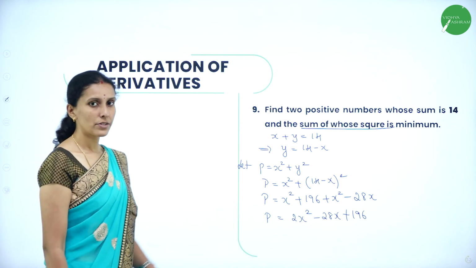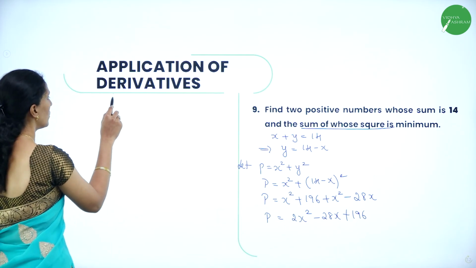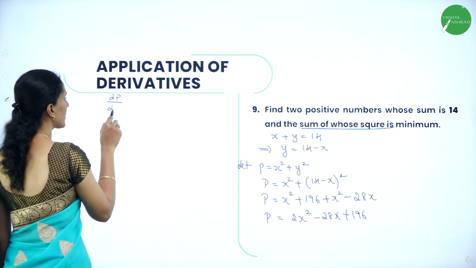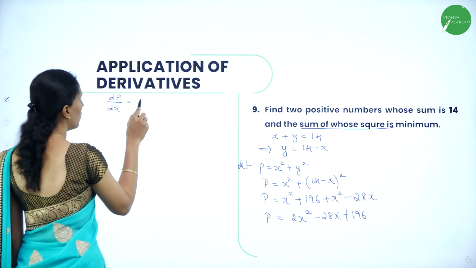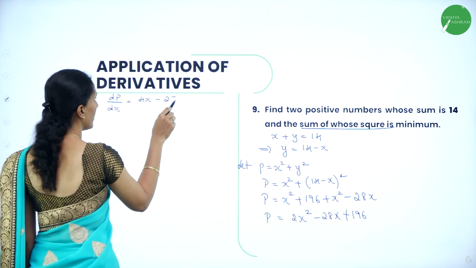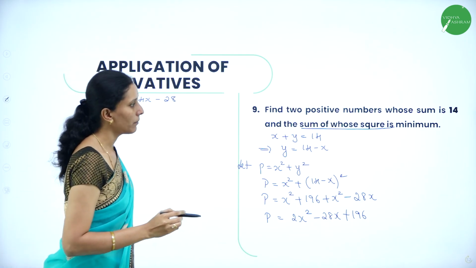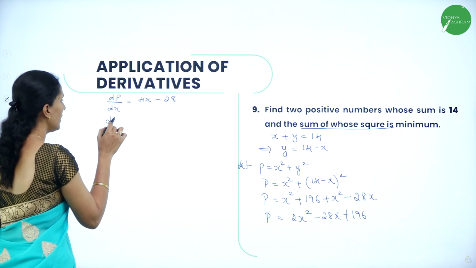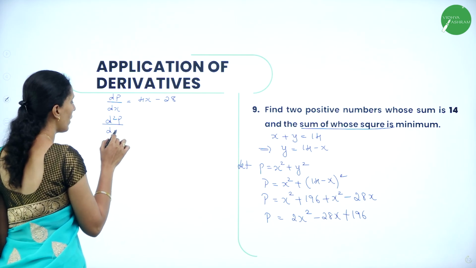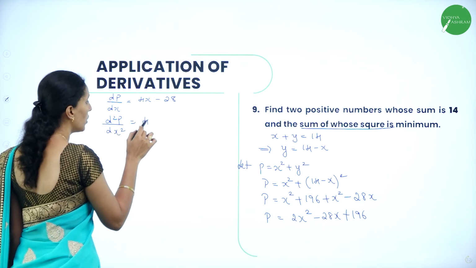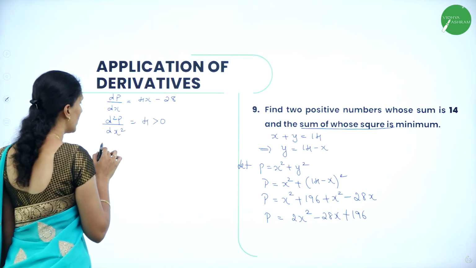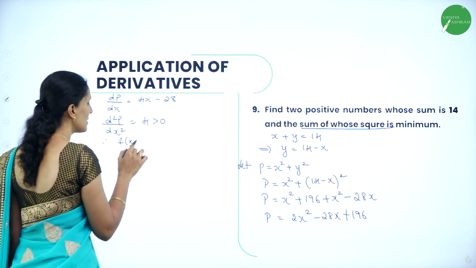Now let's derive this with respect to x. So dp by dx is equal to 4x minus 28. Let's see whether we have a minimum or not. Let's derive it again. d square p by dx square. The answer is 4, which is greater than 0. Therefore, f of x has minima.